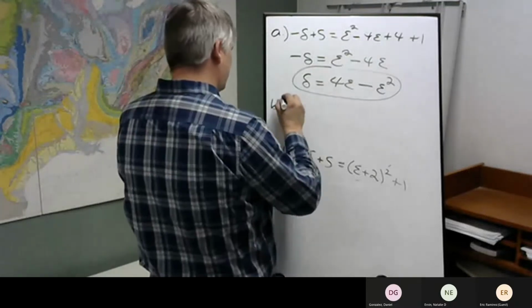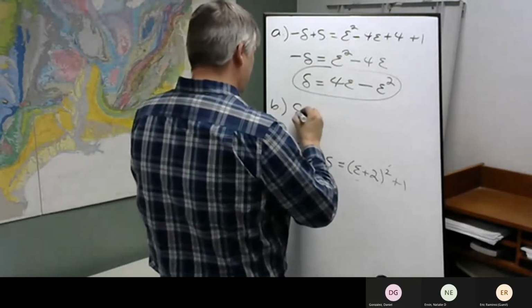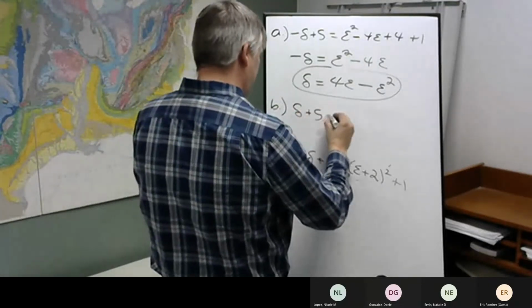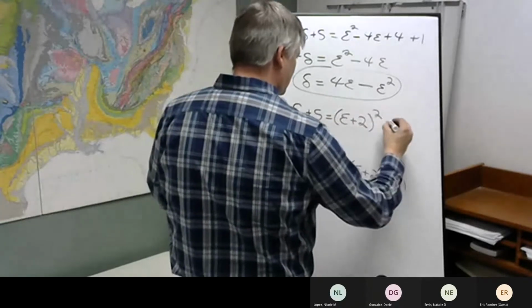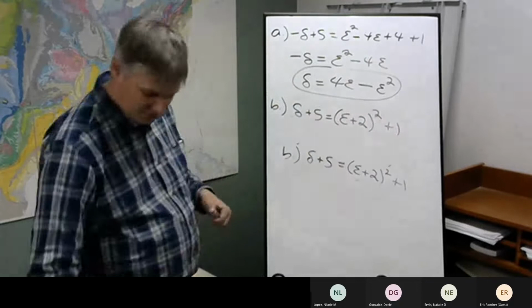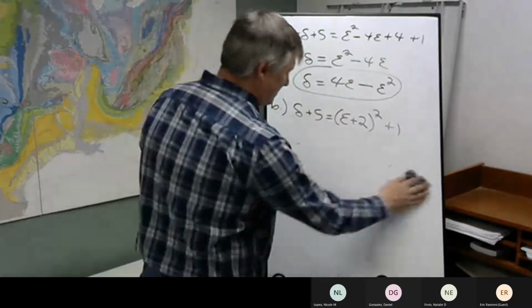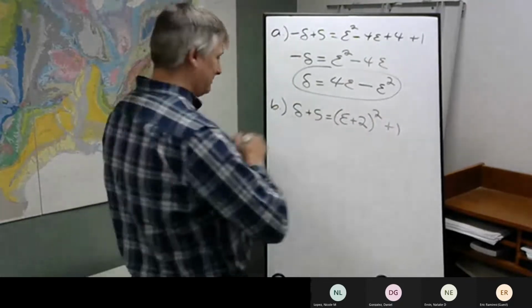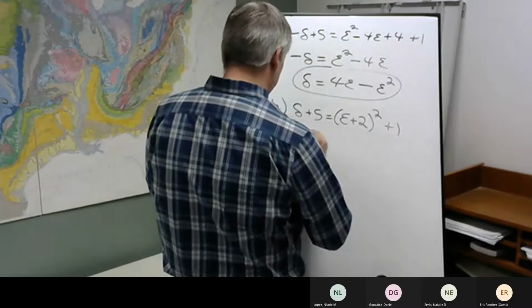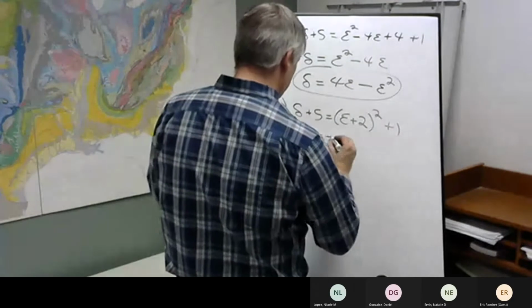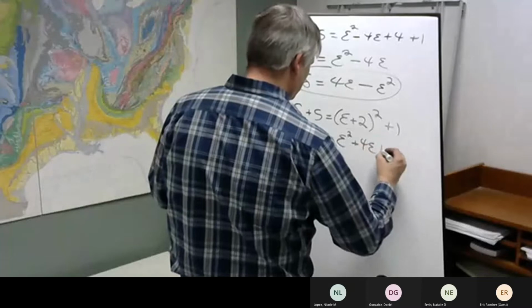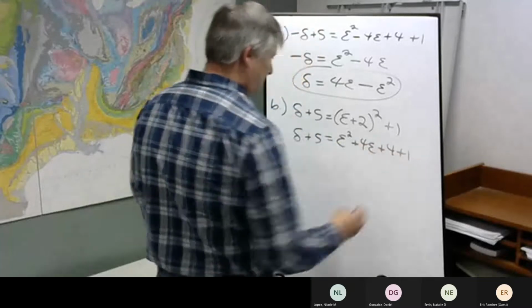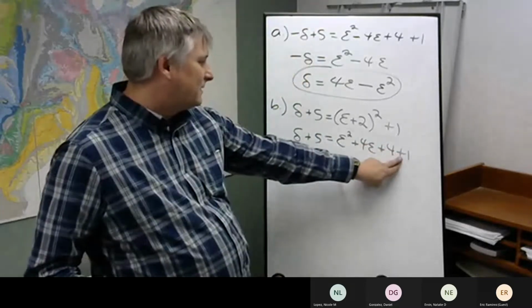So for B, delta plus 5, epsilon plus 2 squared plus 1. Again, we're going to FOIL. And again, these add up to 5.